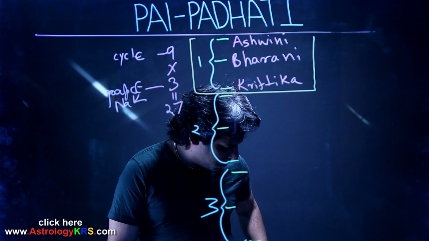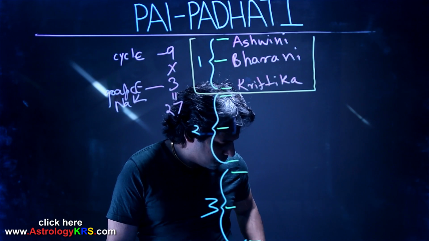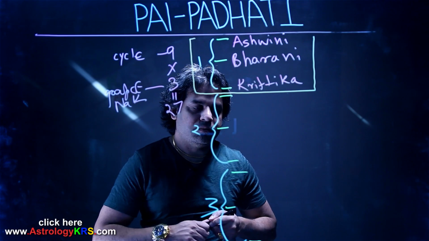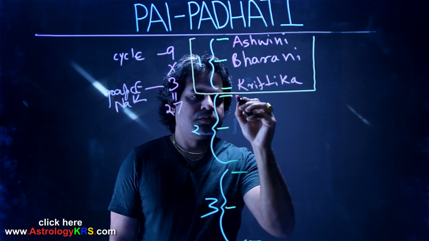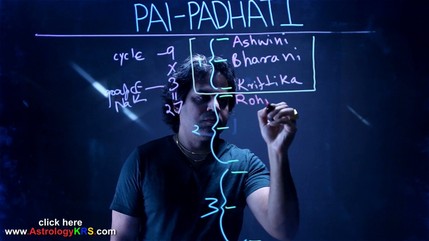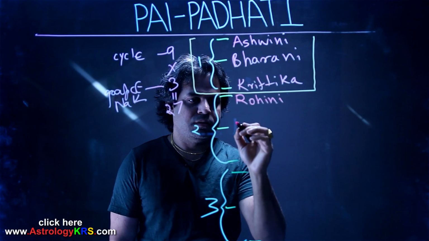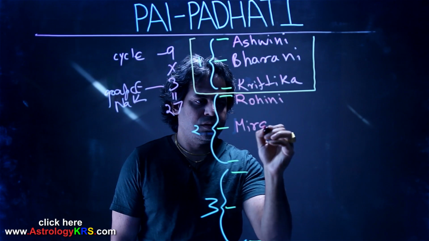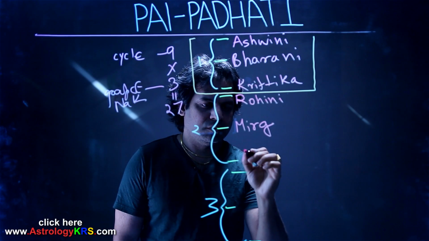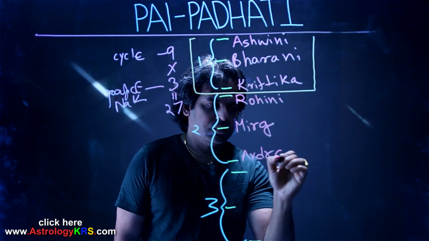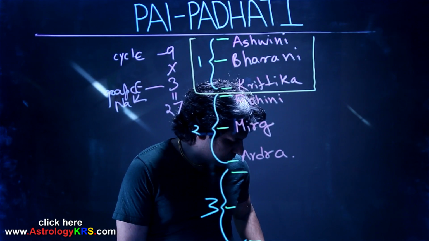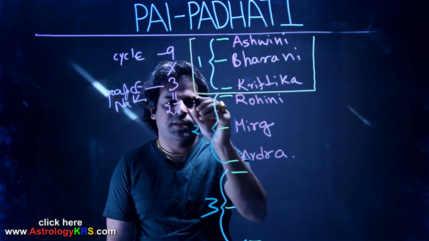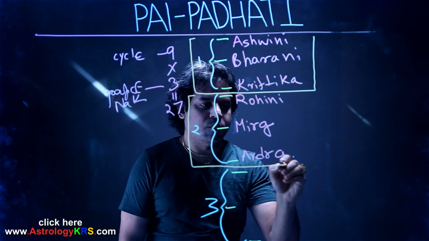Then Rohini, Mrigashira, Ardra. This is group 2.